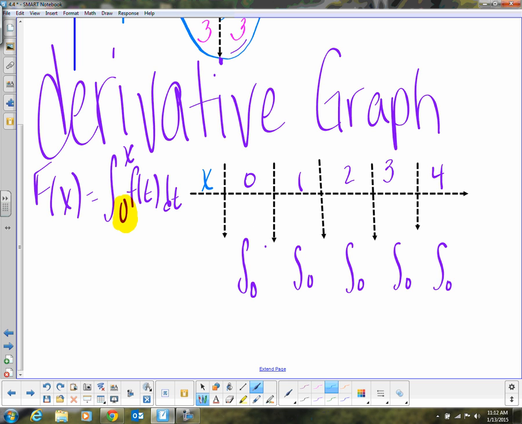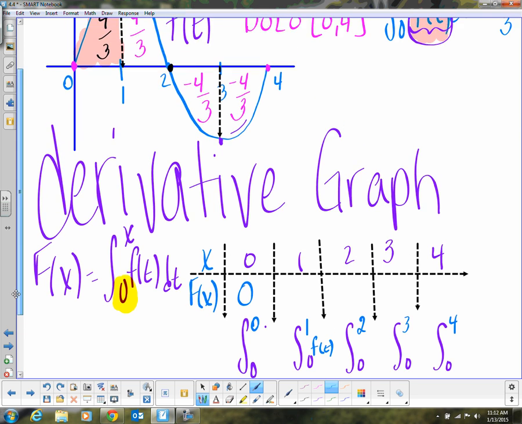These are your x's. These are going to be your capital F of x's. So that's going to be 0, this is going to be 1, this is going to be 2, this is going to be 3, and this is going to be 4. How do you evaluate 0 to 0? Now, how do they expect you to do 0 to 1 of f of t? What are you supposed to look at? The area under the curve.